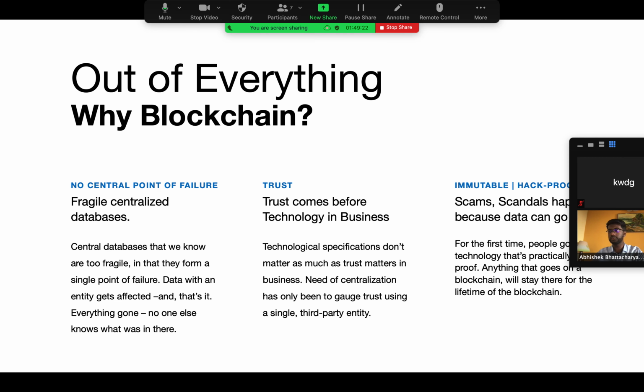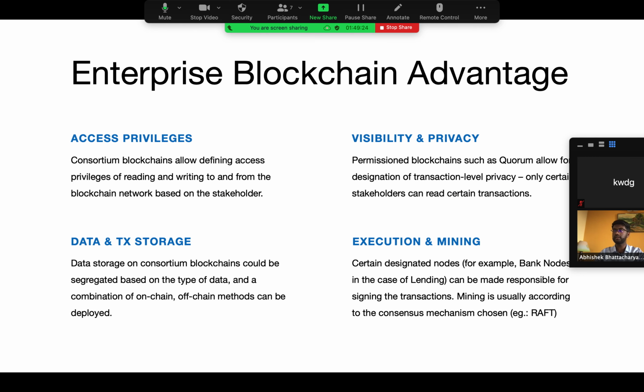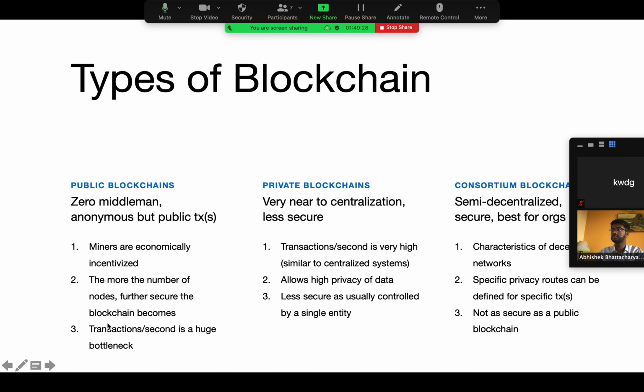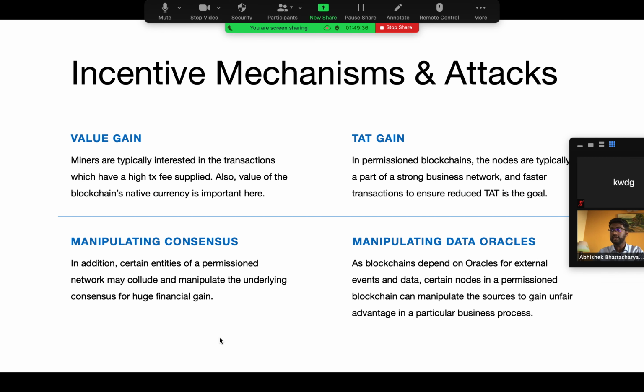I don't know which slide that was, but I hope you remember that, right? Okay. Yeah, this was the second point here. The more the number of nodes, the more secure the blockchain becomes. So it is difficult to do such a kind of attack. Doing this kind of an attack on a public network like Bitcoin with 20,000 nodes on the network is almost impossible. So this happens in very few cases.